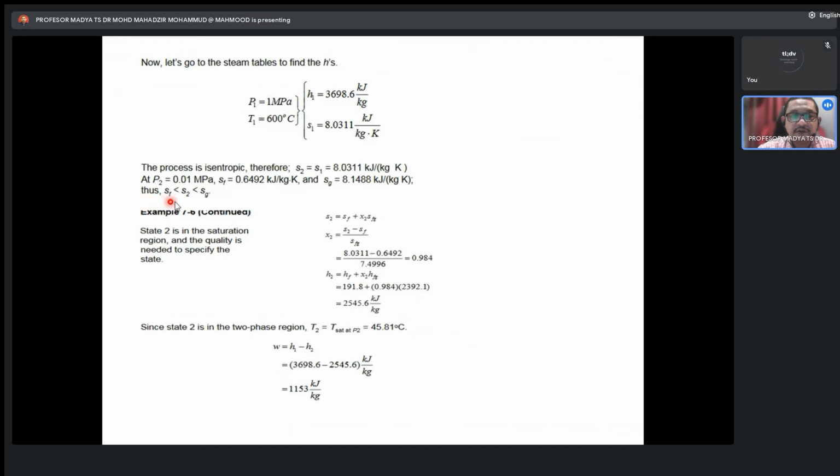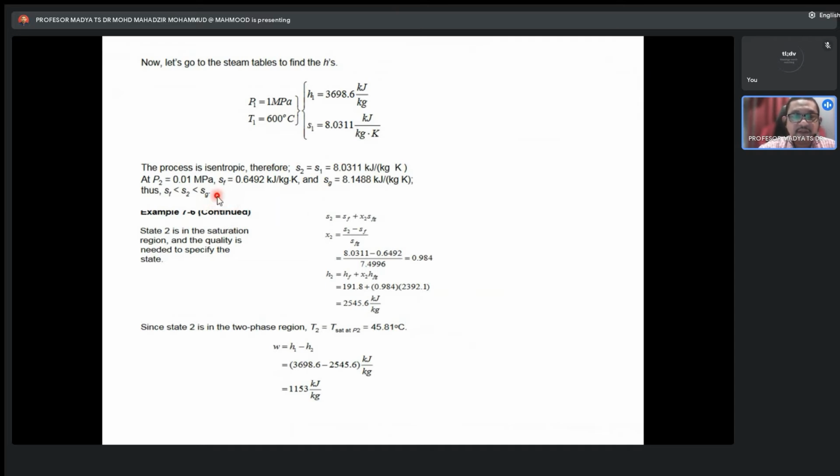From there you will know, and you may make the conclusion, that S2 is bigger than SF and smaller than SG.